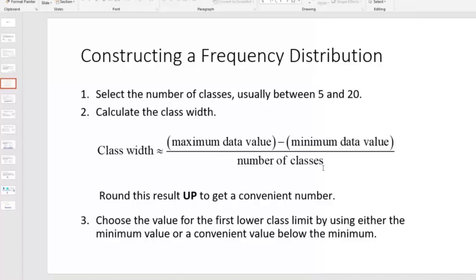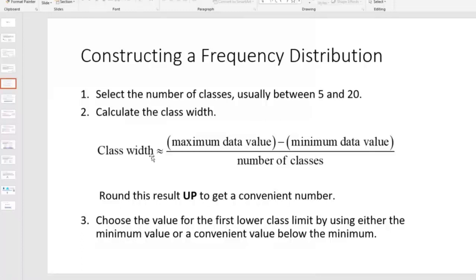And it says round it up to a convenient number because it's supposed that your class width ended up being 42.6. Well, it's not very convenient to make the class width be 43. It's usually easier for people to think and read your charts if they're going up by numbers that are easier to count by, like count by 20s, count by 50s, count by 25s.